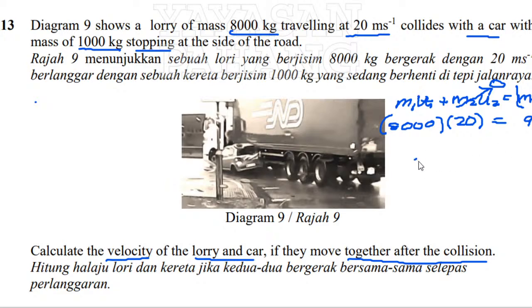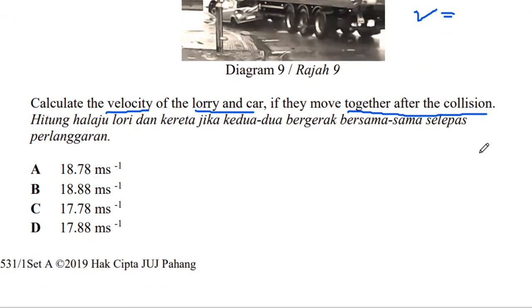V equals the product of this divided by 9,000. So the answer, you already got it just now, right? 17.78. Okay?